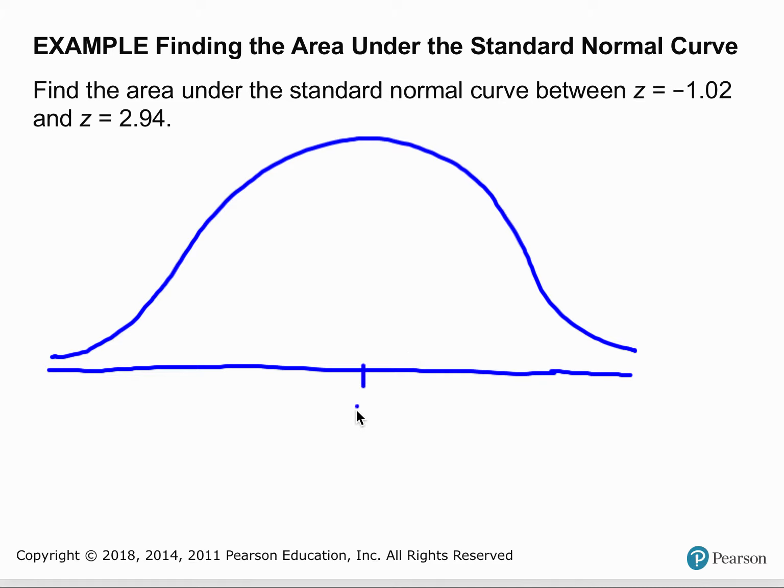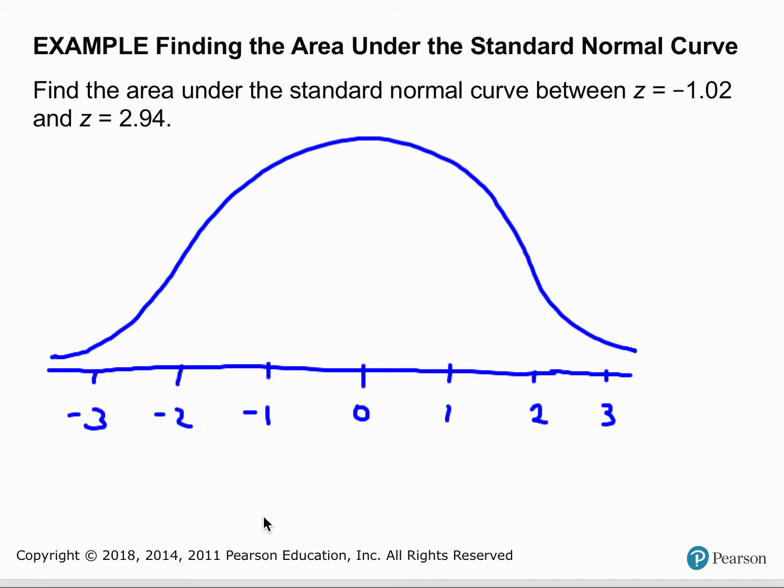Where this is 0, and then we've got 1, 2, 3, because we're using z-scores, negative 1, negative 2, negative 3.